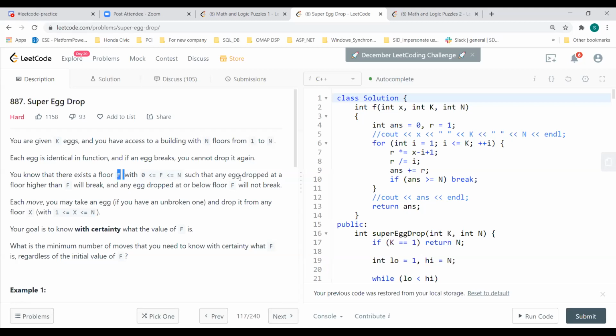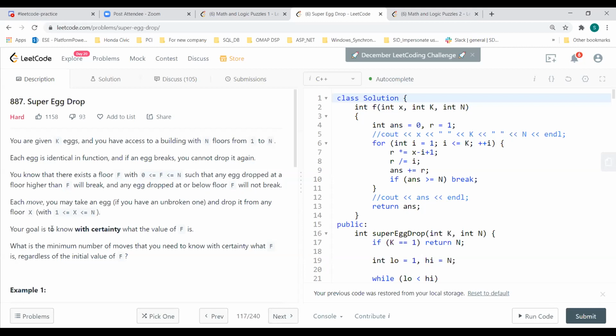Okay, that's clear. And then you know that there is a floor f, from 0 to n, such that any egg dropped from a floor higher than f will break. So this is the breaking point f, right? And any egg dropped at or below f will not break. Each move you may take an egg, if you have an unbroken one, and drop it from any floor x, where x is between 1 and n.